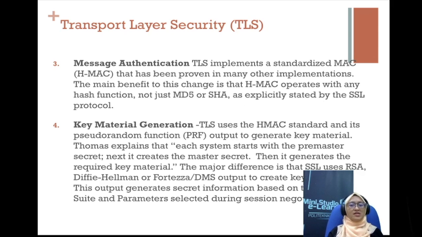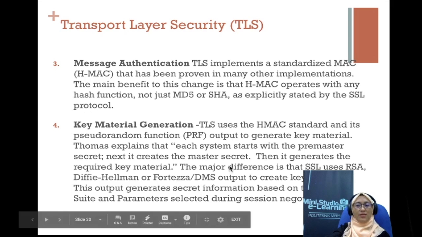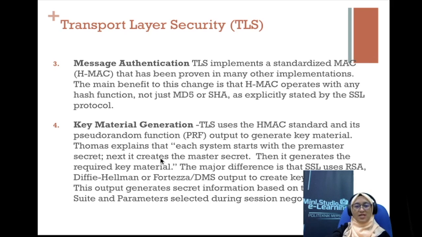For the key material generation, TLS uses the HMAC standard and its pseudo-random function PRF output to generate key material. Each system starts with the pre-master secret. Next, it creates the master secret. Then it generates the required key material.